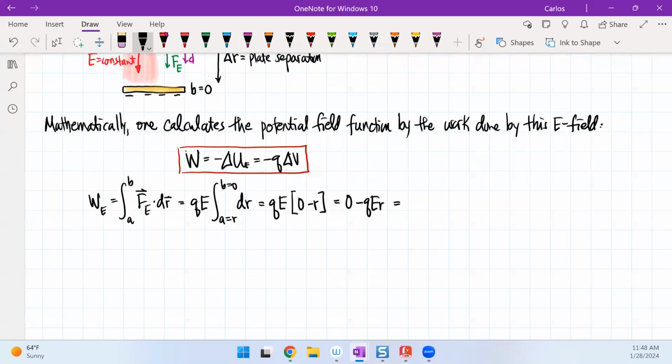But this by definition has to be the negative of the electrical potential energy function, which is then related to the voltage or the potential difference.